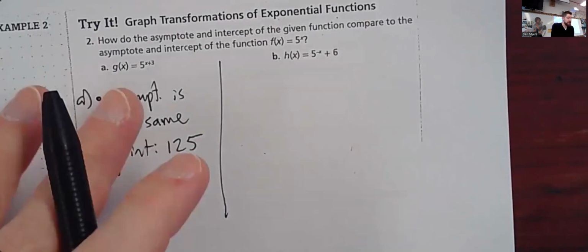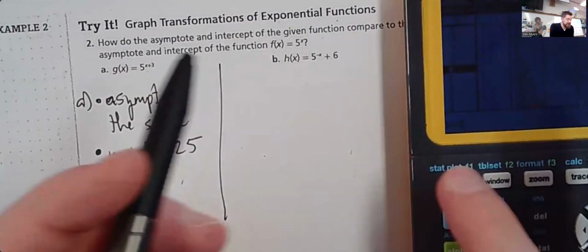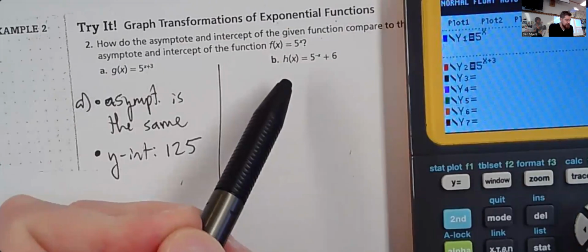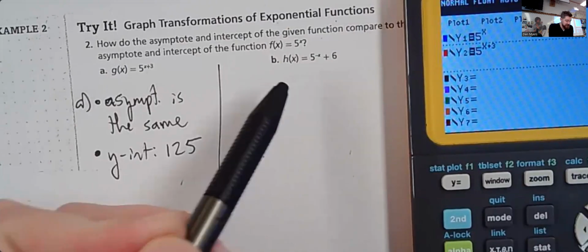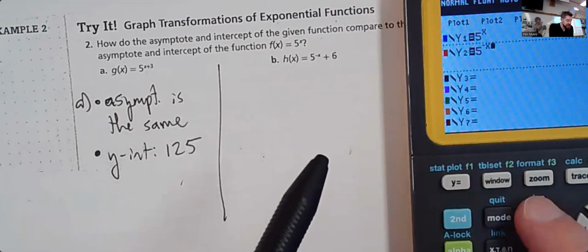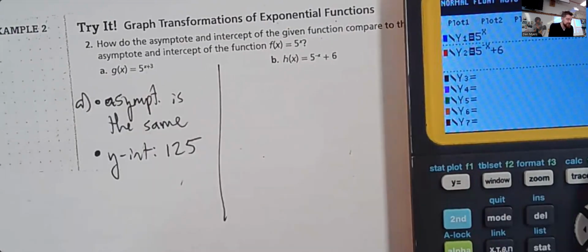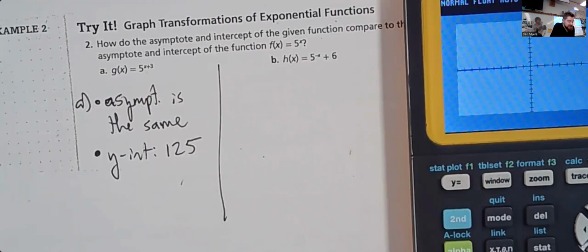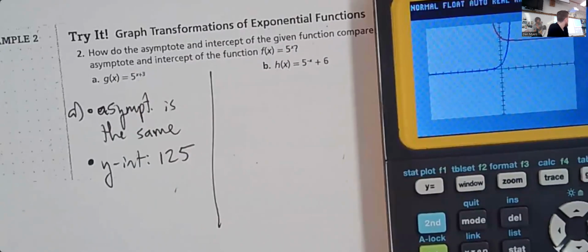So if we go back here and we type in 5 to the negative x, and then plus 6. Here comes the parent function, and then it should just be things flipped around, but also moved up 6. So it should look like exponential decay. There it is. So it's going to flip around, and it'll be moved up 6 spots.